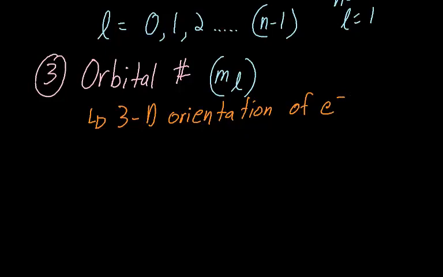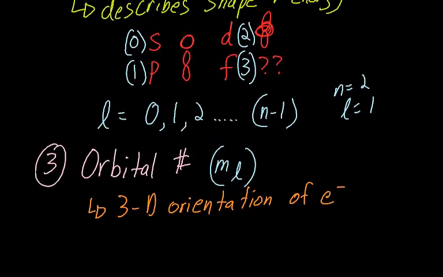Well, when we were describing these shapes earlier, for example the dumbbell shape, we can imagine that if we have a coordinate system drawn, this dumbbell can be in different directions. It can be in the y direction, the x direction, or the z direction. So there are different 3D orientations of these shapes, and the orbital number, m sub L, will specify which direction.